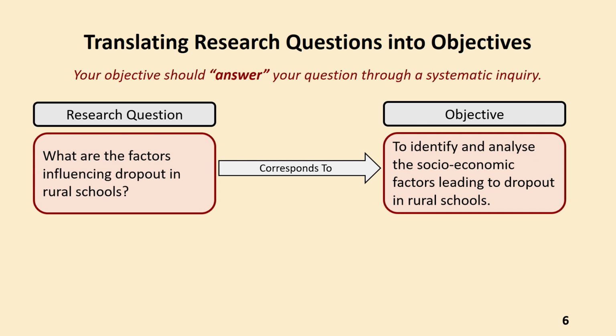Whatever objective you have formed here is highly dependent on the research question. For example, if the research question changed to what are the factors influencing the learning style of the students, then ultimately this objective would not hold. You have to change your objective, and that is how we have to understand that research question and objective support each other.